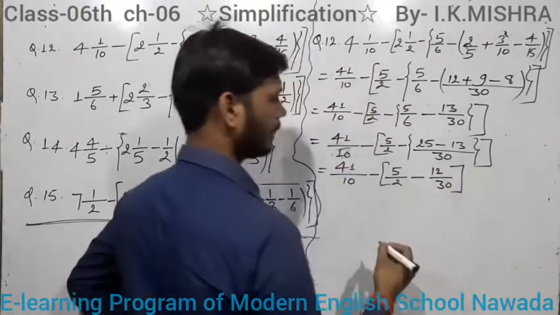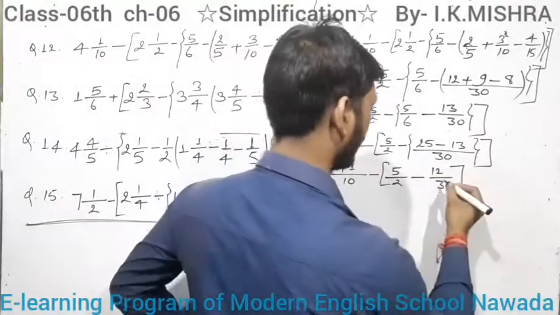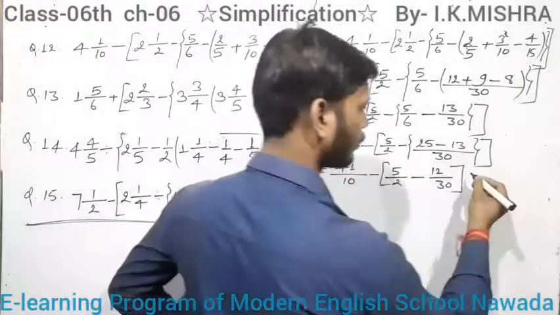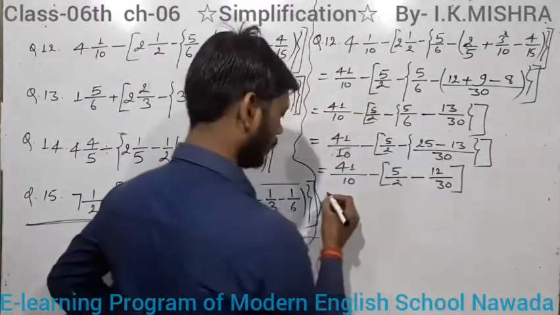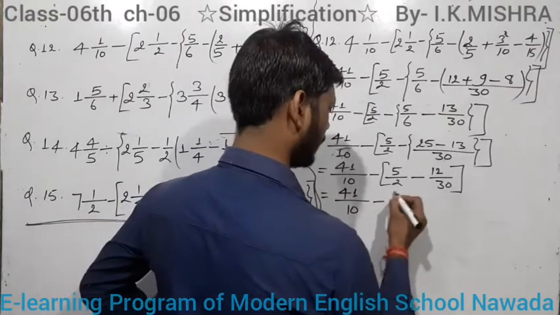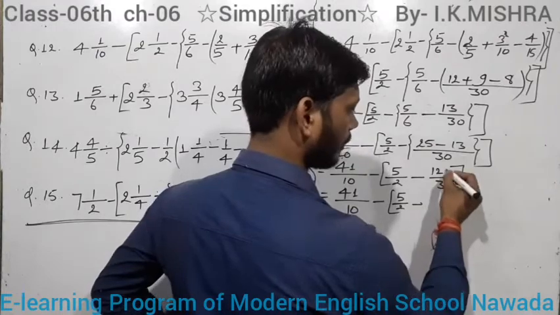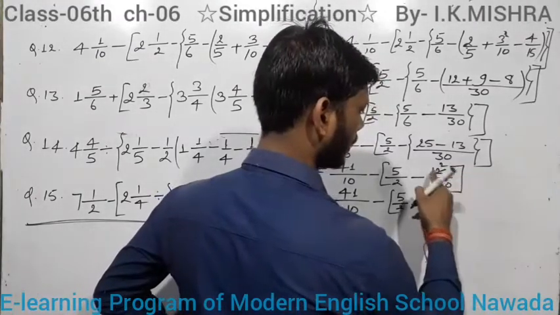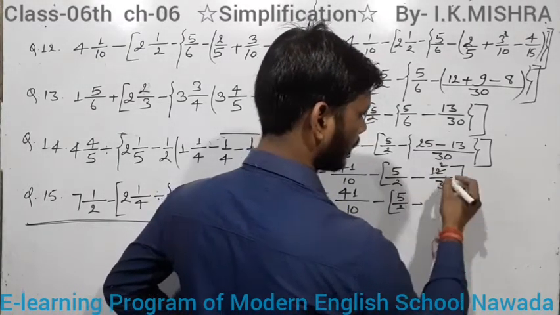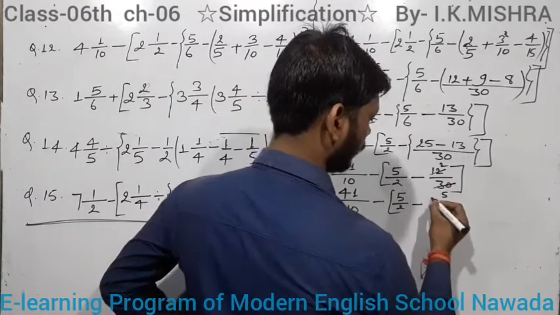Students, here you can cancel it by dividing and easily solve it. Now proceed one step more. 41 by 10 minus 5 by 2 and minus here, 6 divides 6 once, and 6 divides 12 twice, and 5 times, so here minus 2 by 5.